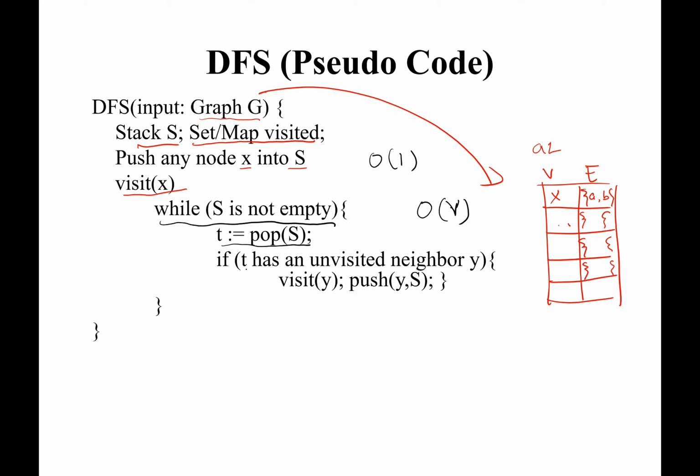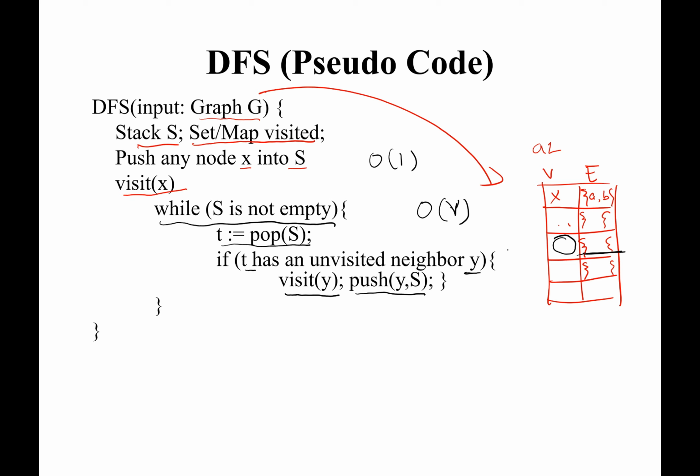And for the popped node, we'll check all the neighbors, and we'll check which of those neighbors are still not visited. So say the neighbors are denoted by Y. If it's an unvisited neighbor, we visit it and push that neighbor into the stack.